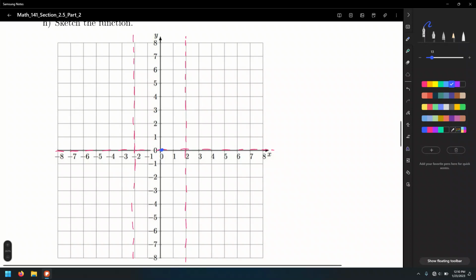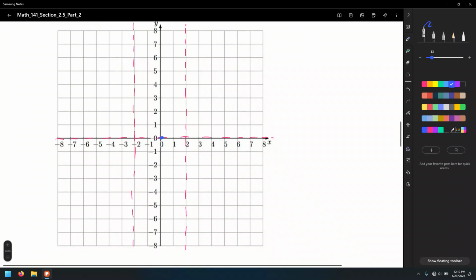So let's plot the additional points to get an idea of what we should get. All right, so we plotted the point -3, -12/5, which happens to be roughly here. Then we got the point -1, 4/3.